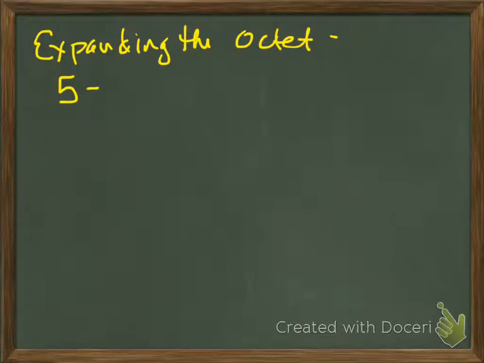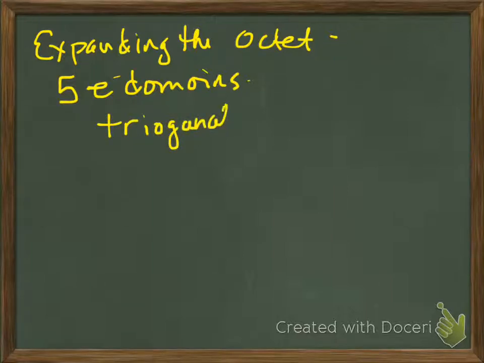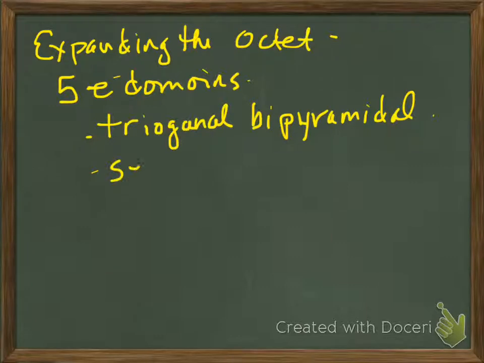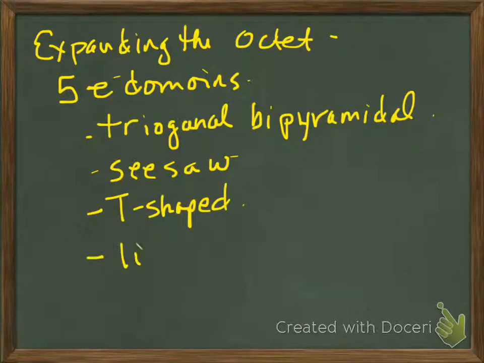If I have five electron domains and five atoms attached as bonds, I will have a trigonal bipyramidal. If I only have four, it will have a seesaw shape. If I have three, it is T-shaped, because literally it looks like a T. And if there's only two, it is going to be linear.